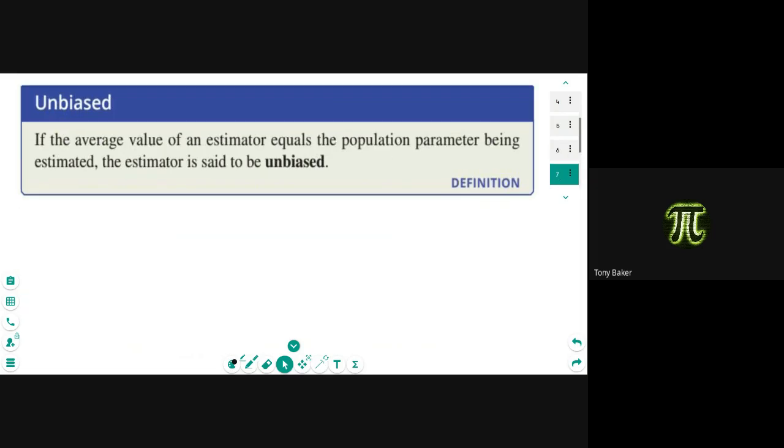The estimator can be considered unbiased if it doesn't get skewed. So when you're looking at that information, it's not going to have any skewed information. Outliers and those types of things can affect it. So we typically look at the mean as a biased parameter because outliers can skew it, correct?